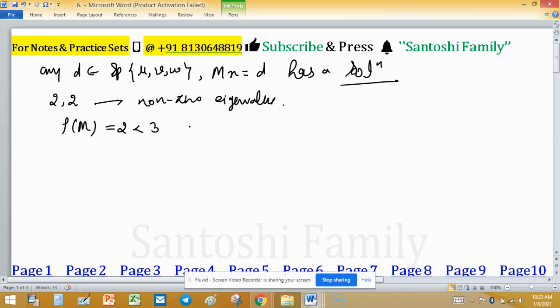So it may have infinitely many solutions, and may not have any solution.